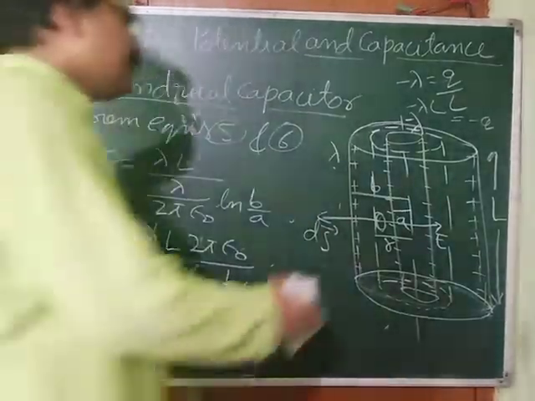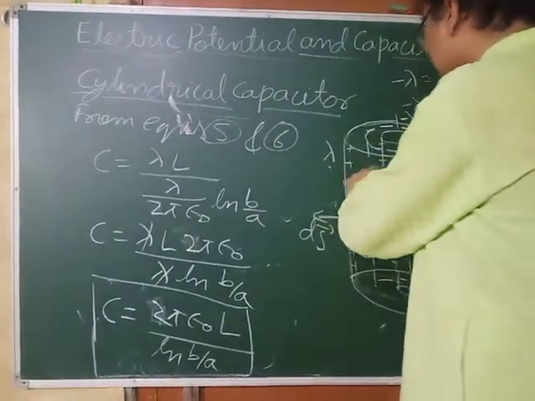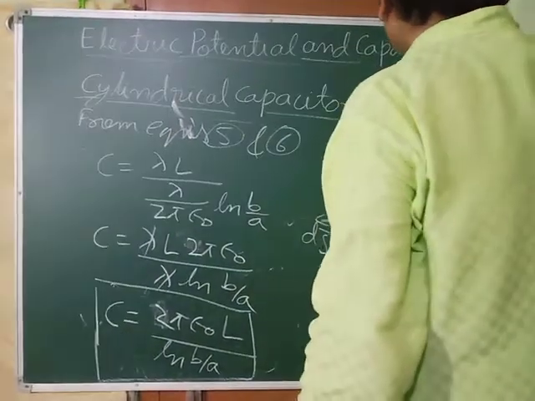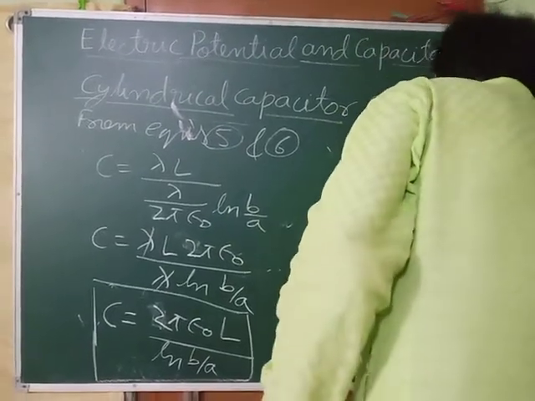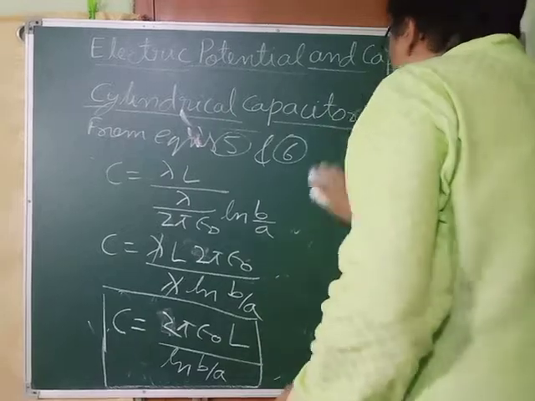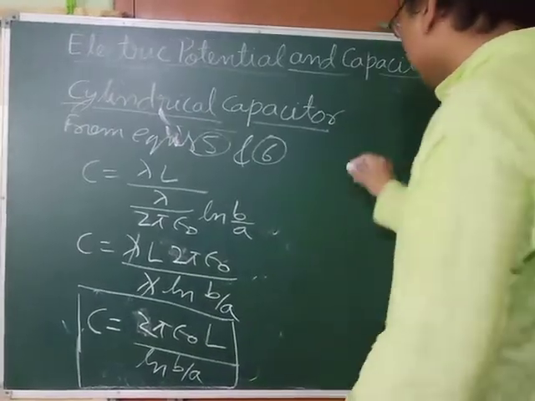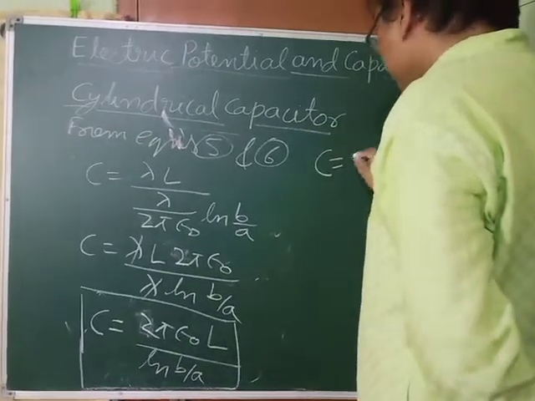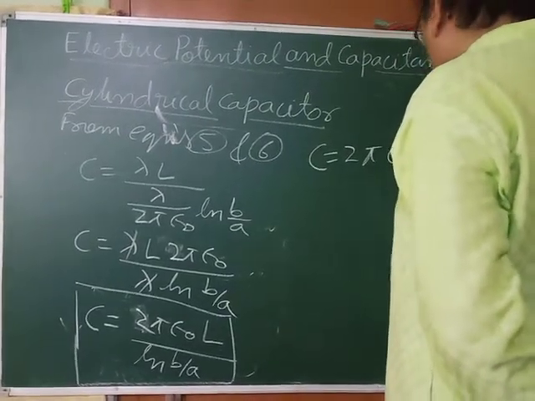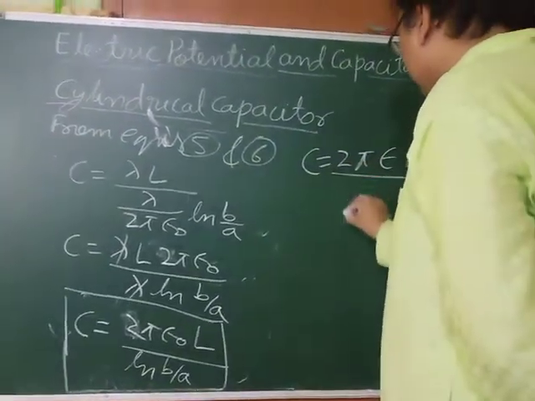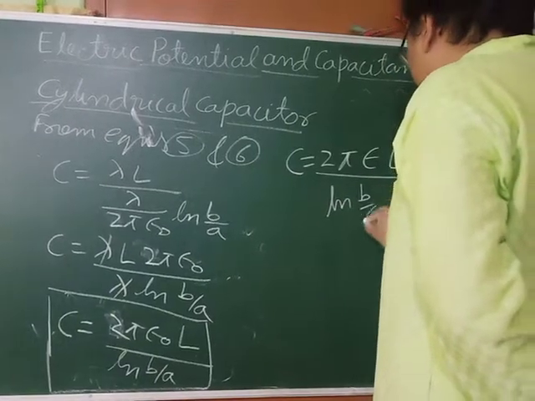But my dear children, if the space between the two cylinders is filled with some other dielectric, then how can we get the expression for it? In that case, it is completely filled. Then C is equal to 2 pi epsilon, not epsilon naught, L upon ln b by a.